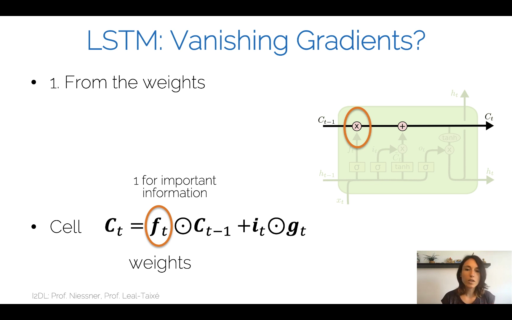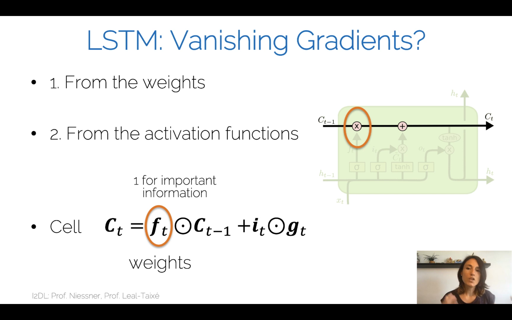Information that we want to keep is going to have a value of 1. And this is how the LSTM essentially sets a value of 1 so that we don't have vanishing or exploding gradients for important information. Let's look at the second problem, vanishing gradients coming from the activation function. The activation function tanh can be found inside this operation.